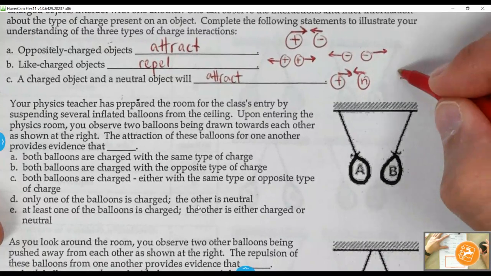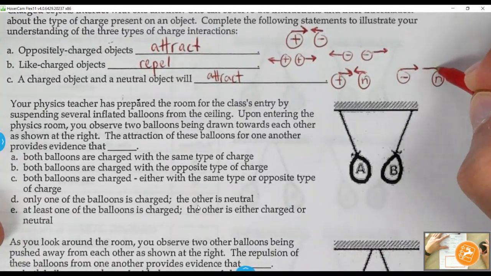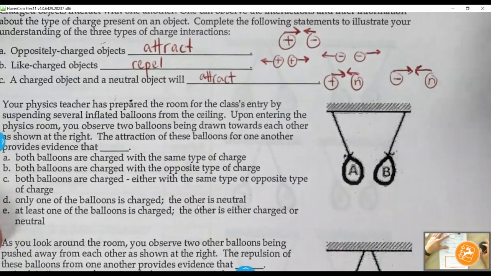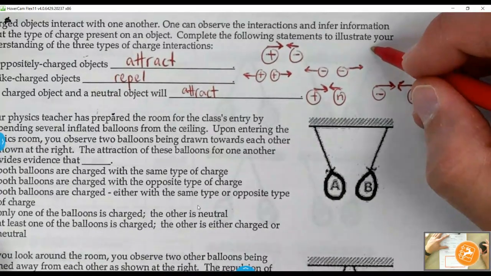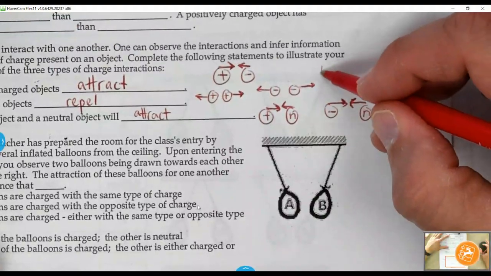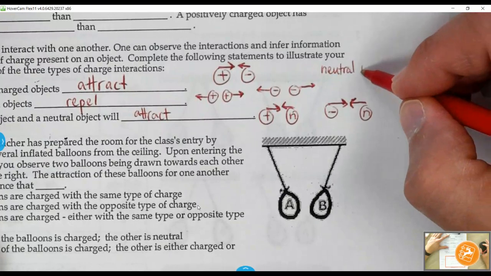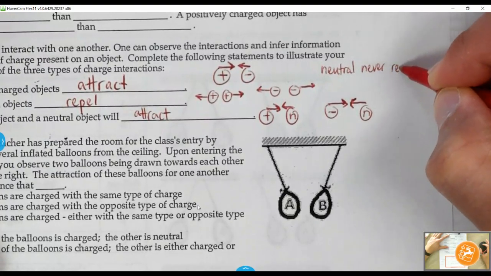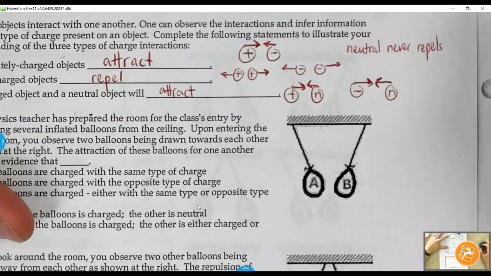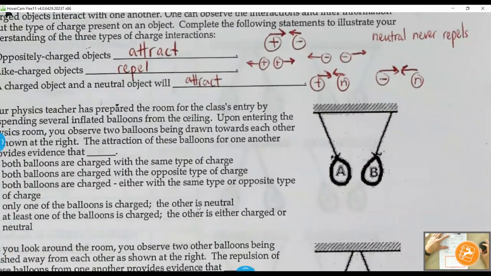Negative and neutral, they are attracted. Well, can neutral ever repel something? Absolutely not. So we want to make sure we add that over here as well. Neutral never repels.